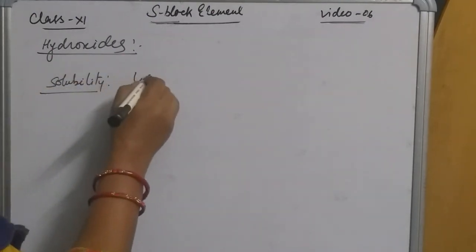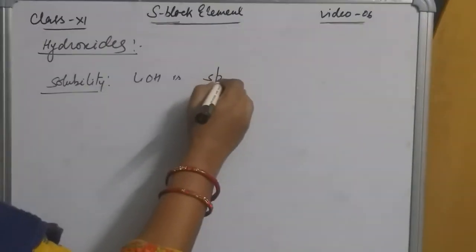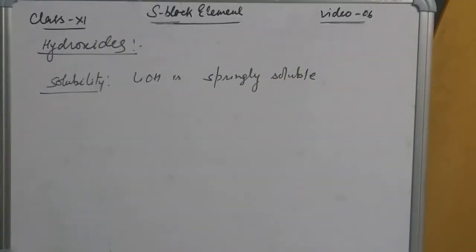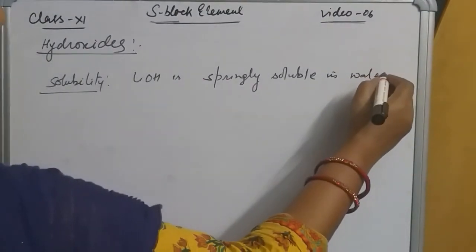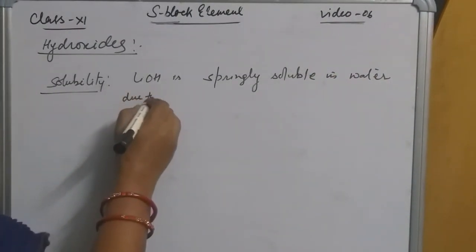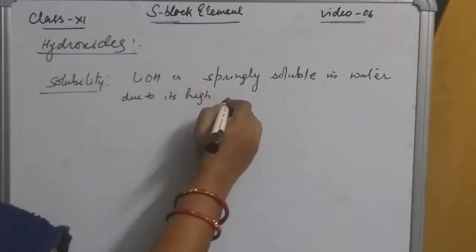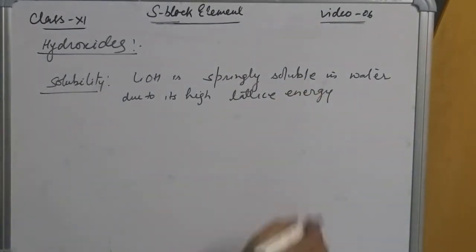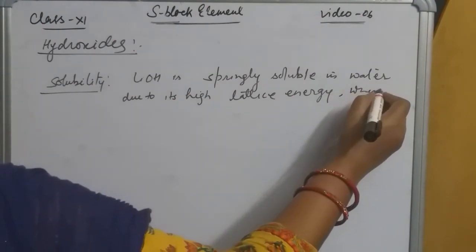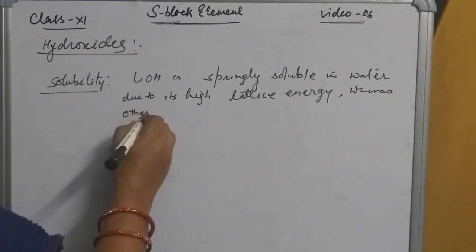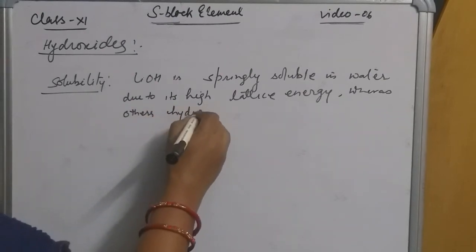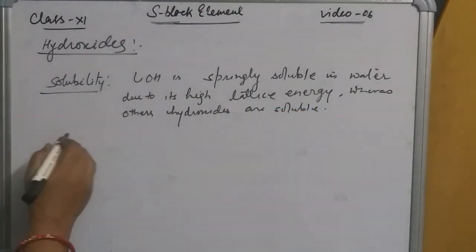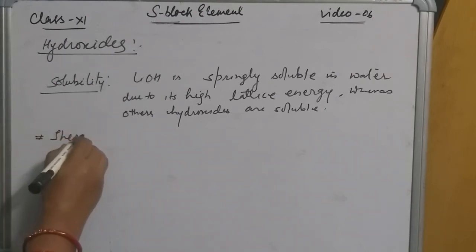Lithium hydroxide is sparingly soluble in water due to its high lattice energy, whereas the other hydroxides are soluble in water.